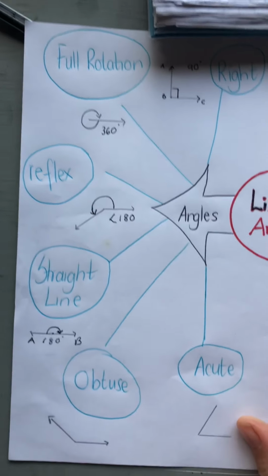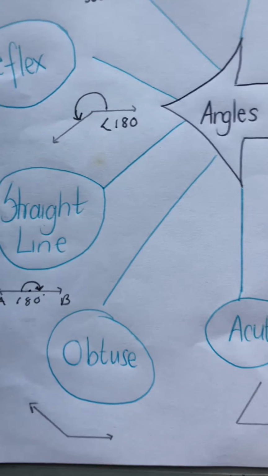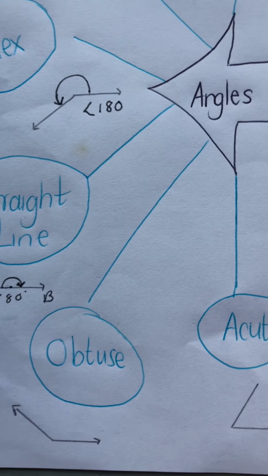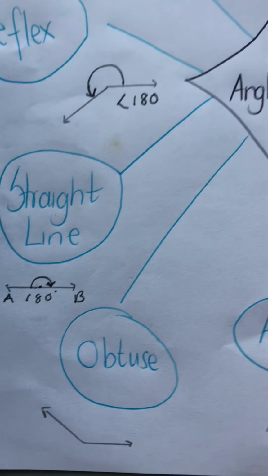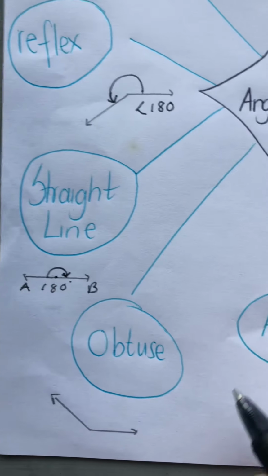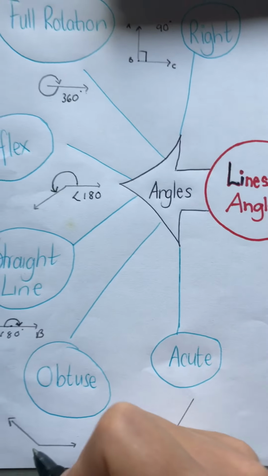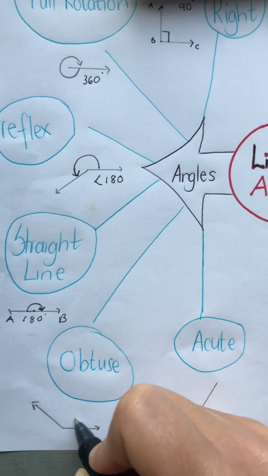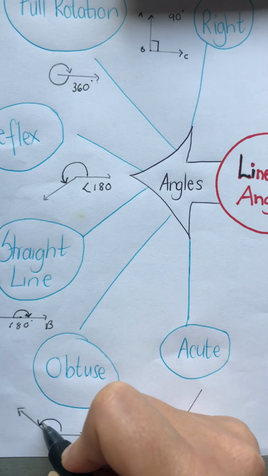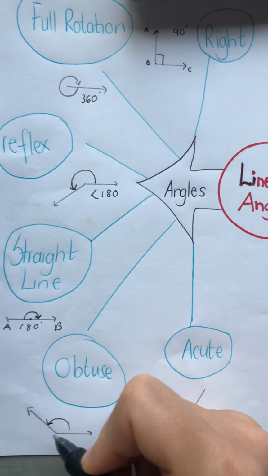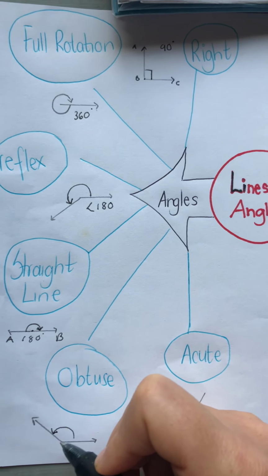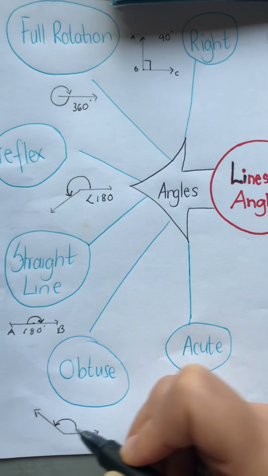degrees. Right, then we get an obtuse angle, and an obtuse angle is bigger than 90. It's bigger than being a little baby angle, like an acute angle, which we're going to go to over here. And so this one starts here, and he's going to go past 90, and he's going to be greater than 90, but he hasn't hit a straight line, so he's not quite 180, but he's bigger than 90 degrees.